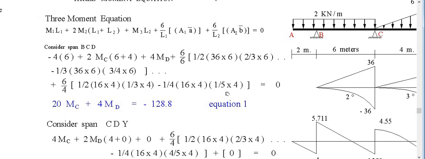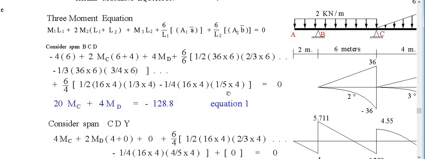Solving for this, 10 times 2 is 20 MC, plus 4 MD. The constant is minus 128.8. This is positive, this is negative. Be sure to check and include this one.